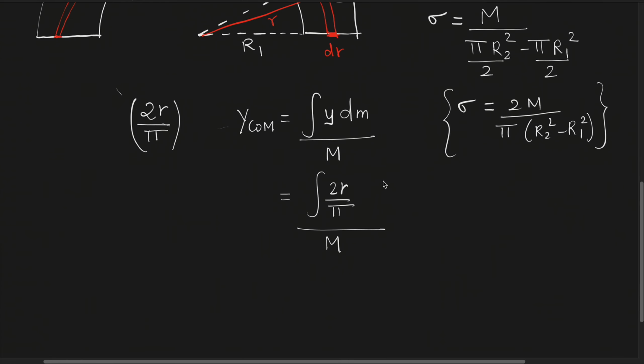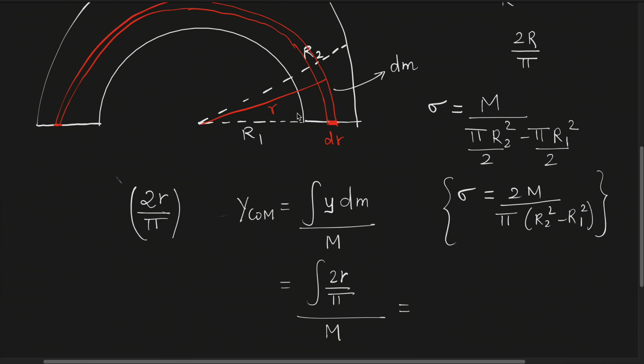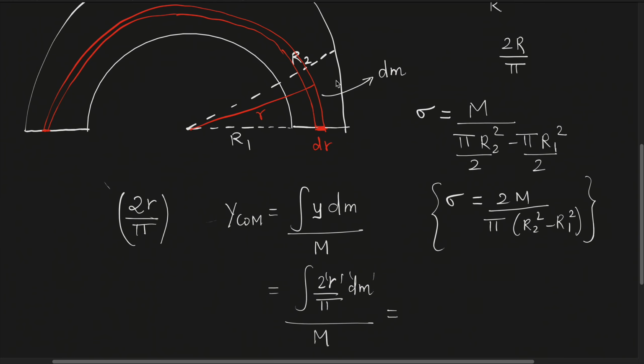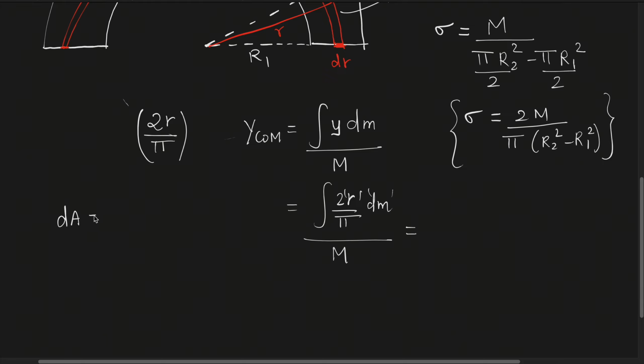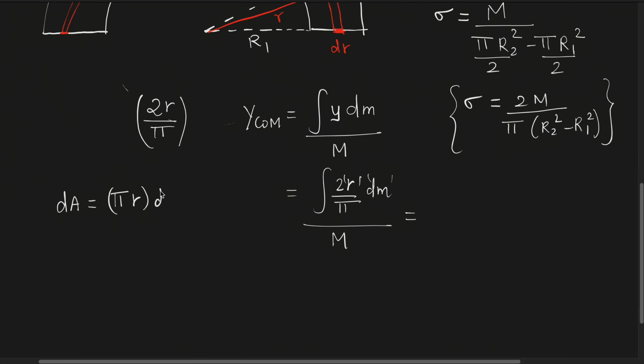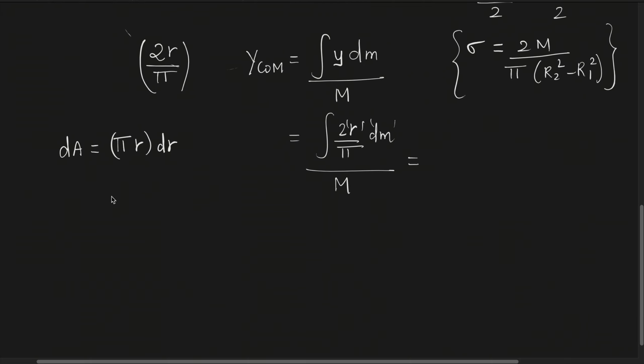Let me complete this ring like this. Now the integration is over the total mass, but r is a variable and dm is also a variable, so I will write dm in terms of dr. You know the area of this particular ring: dA is pi into small r, into the width dr. So instead of dA, we can write pi r dr. Now how will you write dm?